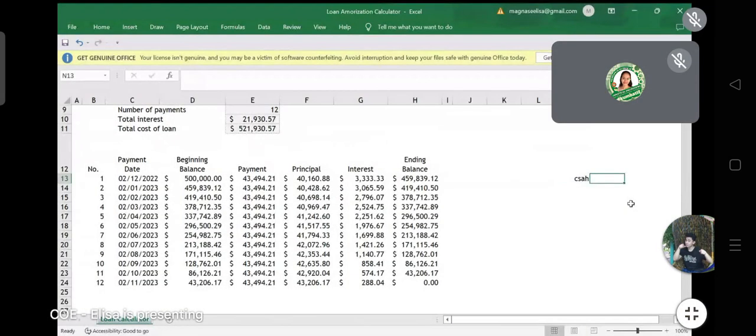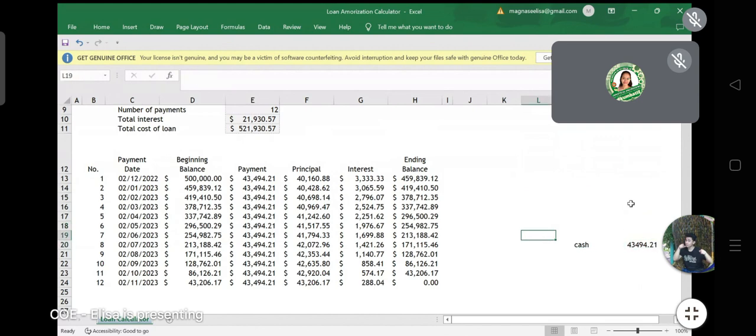On the first month, we credit cash 43,494.21.